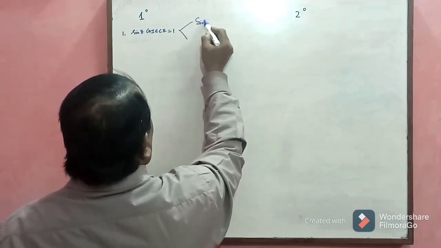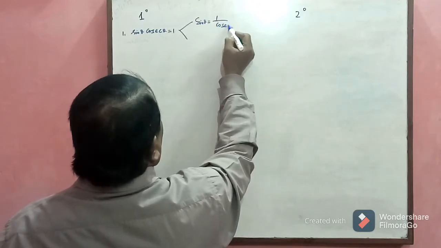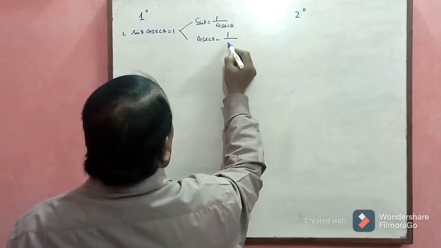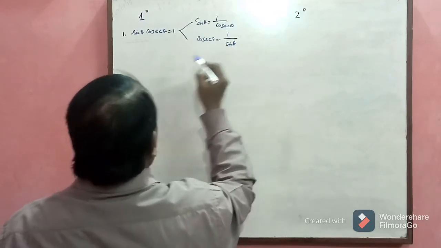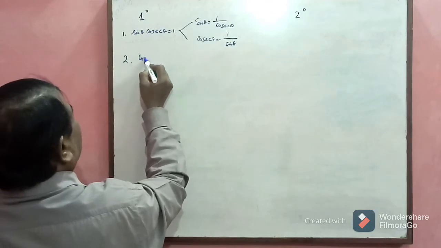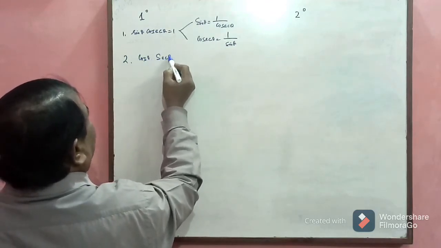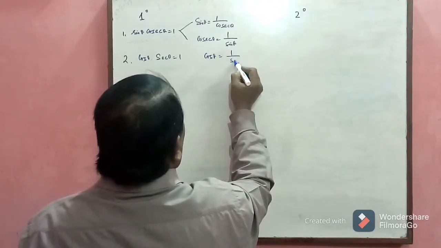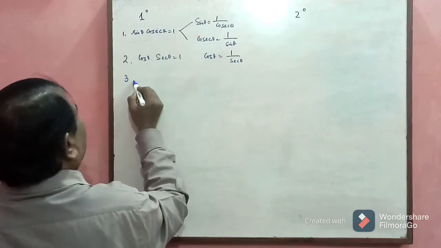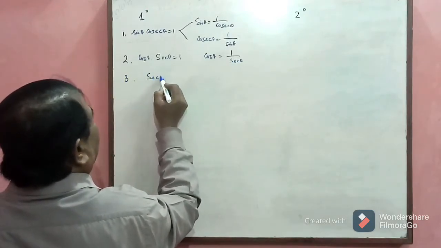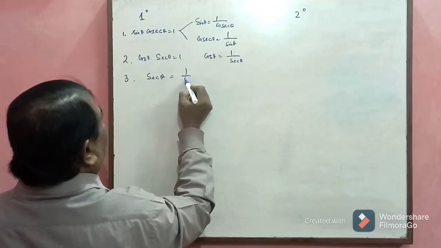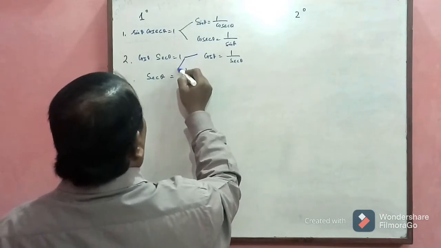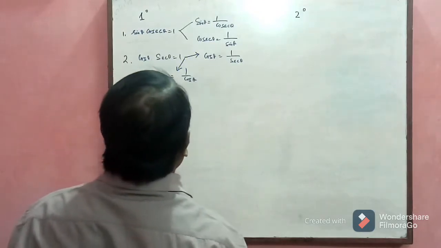Sin theta is equal to 1 upon cosec theta. Cosec theta is equal to 1 upon sin theta. Number 2, cos theta sec theta is equal to 1. Cos theta is equal to 1 upon sec theta. Sec theta is equal to 1 upon cos theta. These are the two ways we can write this one also.